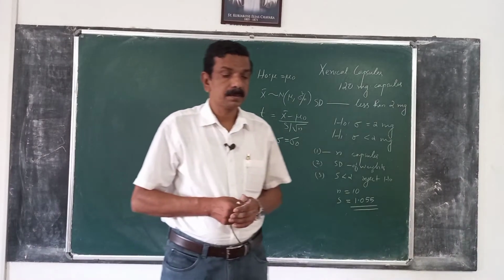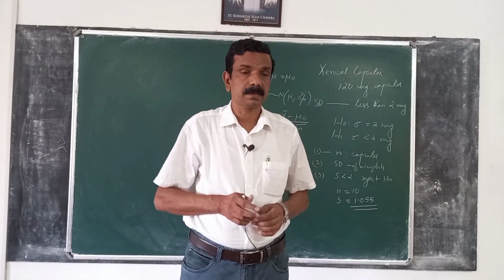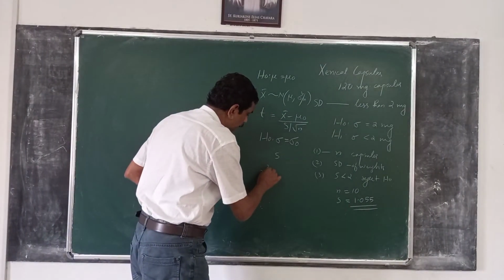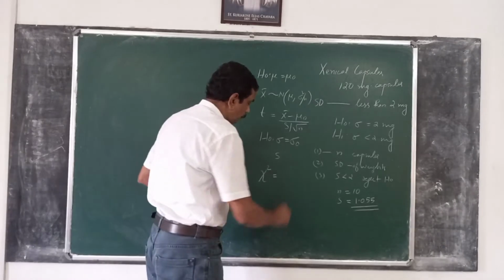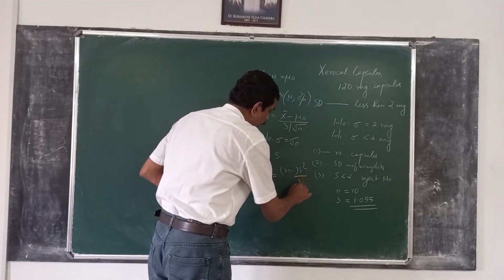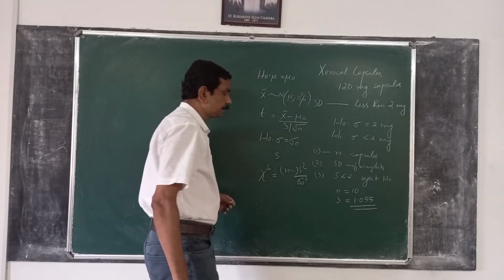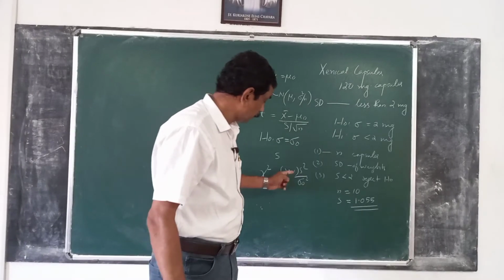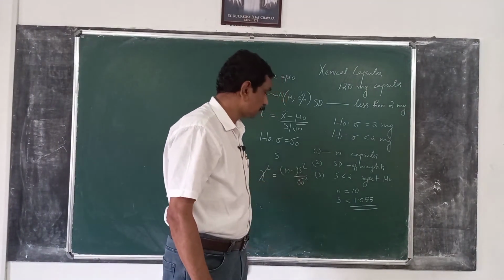What we use is a test statistic which is written as chi square is equal to n minus 1 into s square by sigma 0 square.